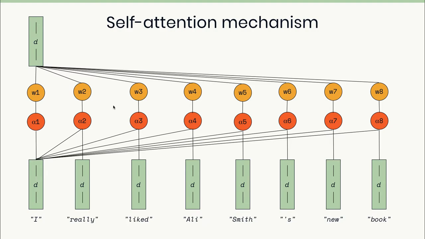Then we take the softmax and arrive at all these W values, and then the W's are combined with the embeddings, of course, into one resulting contextual embedding for the word I. Okay, and we do this for all of the terms. This would only give a contextual embedding for I. We have to do the same to produce one for really, the same for liked, and so on.